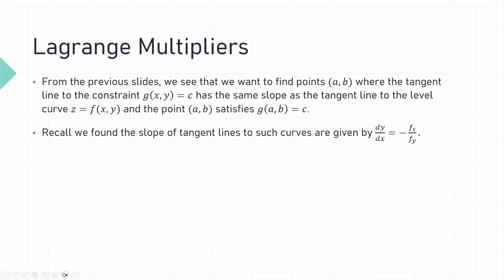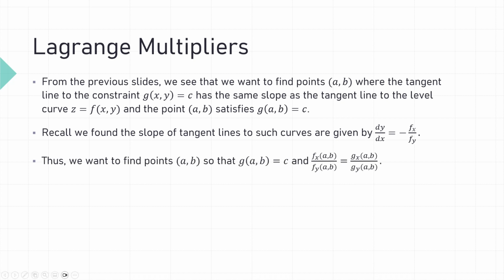So in Calc 1, we did this with implicit differentiation. But we saw in this course we can do partial derivatives to give us this as well. So for instance, if I'm looking at the slope of the tangent line to a level curve of this, I can look at the partial derivative with respect to x, divide it by the partial derivative with respect to y, and take the negative of that. And that would give me the slope of the tangent line to a level curve for this function.